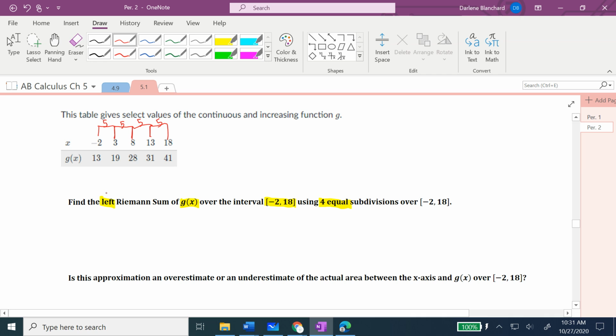If I want the left Riemann sum, then I'm going to take the left y values. So left x coordinate's y value, left x coordinate's y value, left x coordinate's y value, and left x coordinate's y value. Circle them. Then write it down.